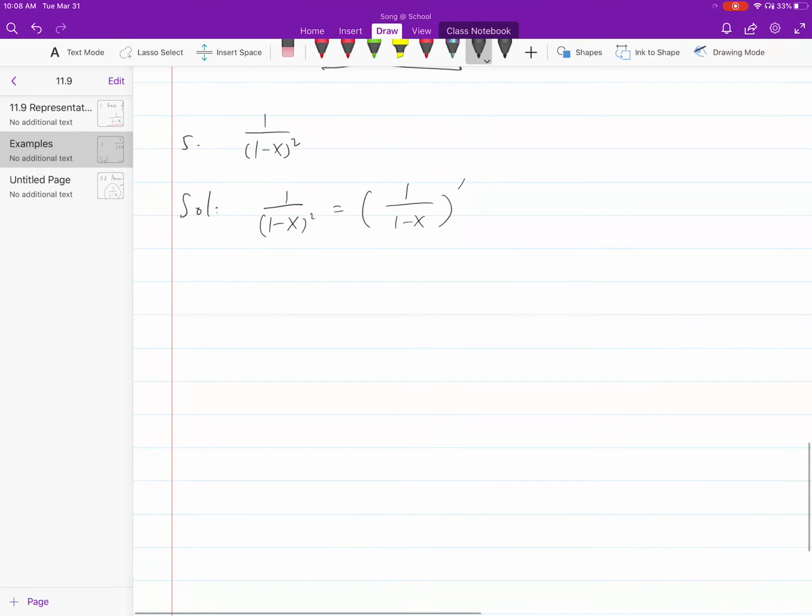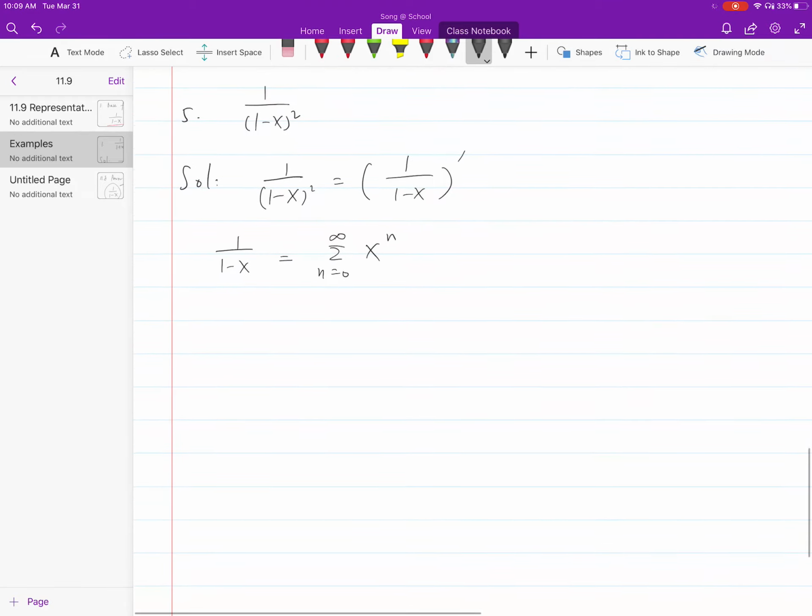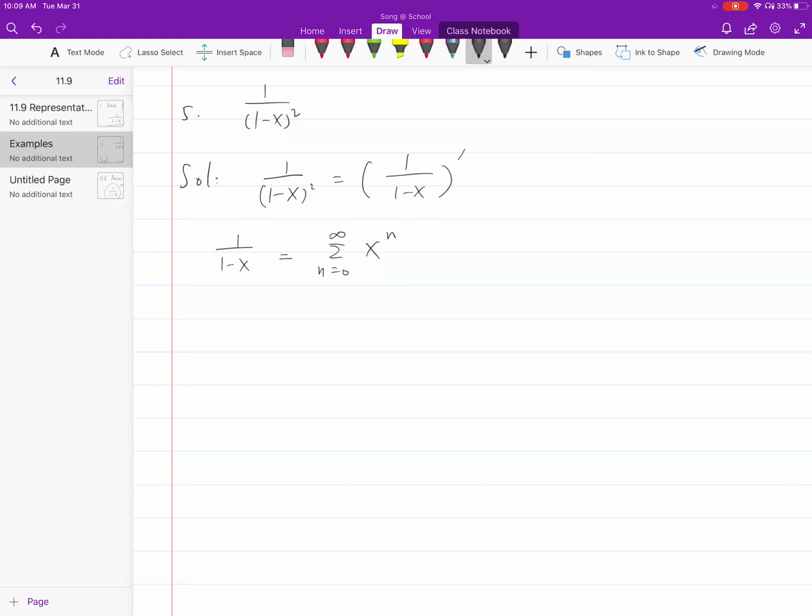For that case, we actually have a really nice one. Now we just need to take the derivative of this, which is nothing but the derivative of this.